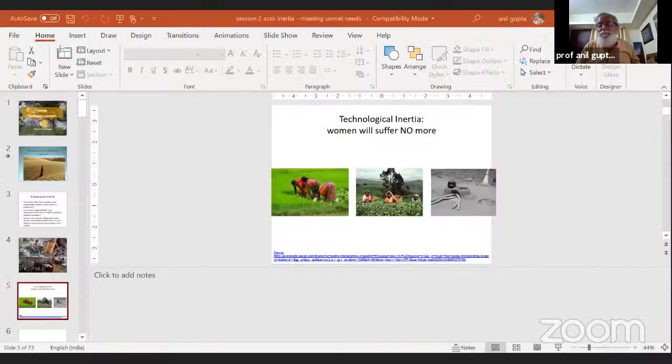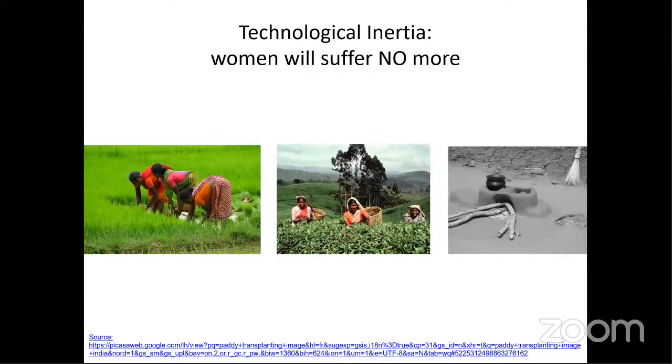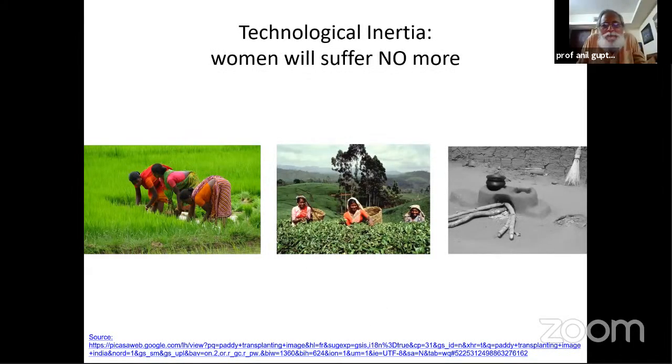So let me show you this thing. You can see that? This is how women transplant paddy seedlings.